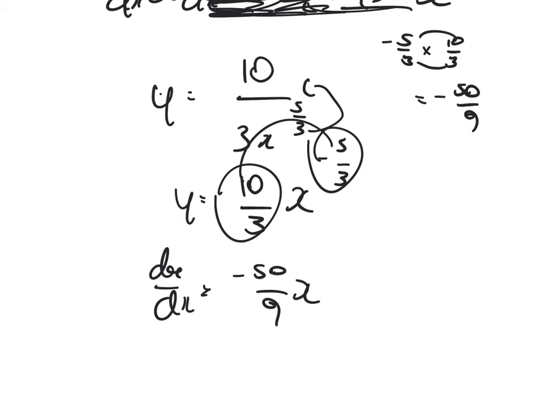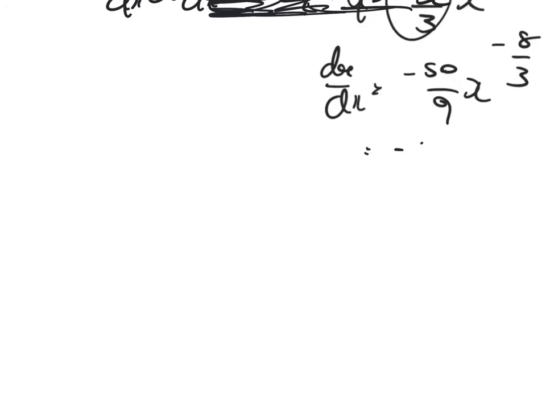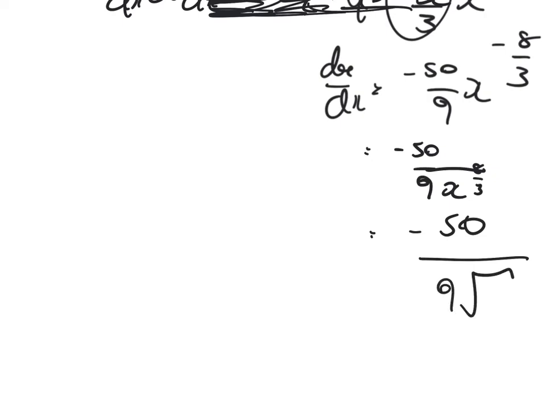X to the, and the power will be minus 5 thirds, take away 3 thirds, which is minus 8 thirds. That will now be minus 50/9 lots of x to the power 8 thirds. And finally, reintroduce the root symbol, minus 50 over 9 lots of the cube root of x brought to the power 8.